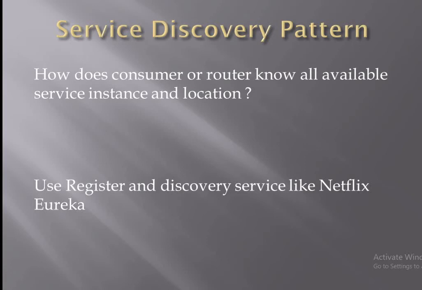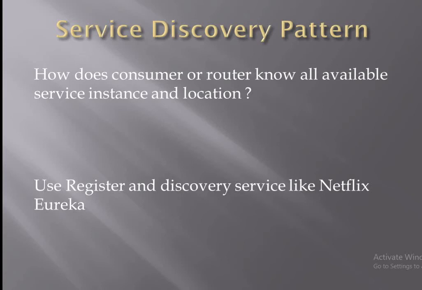It is not possible to tell every client that my service is deployed in this location and this is my URL. So how will they come to know? And it may be possible that your service is deployed in multiple instances because you want to make them highly available and they are behind a load balancer.